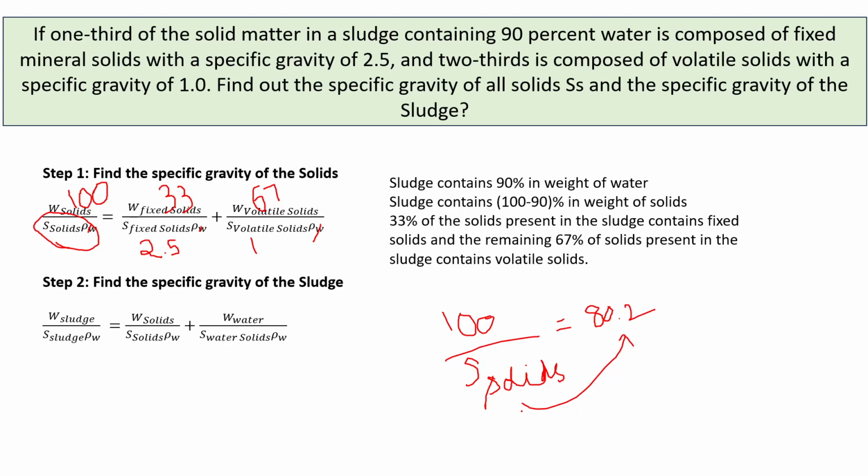I have shown you the given data and all, no? Just try to apply the substitutions and tell me what will be the specific gravity of the sludge. Now you know the specific gravity of solids. It is 1.24 or 25 from the previous step. Just apply it in the next thing along with the percentage of weight of sludge and everything and tell me what will be the answer.